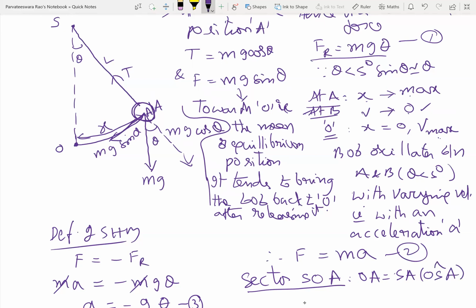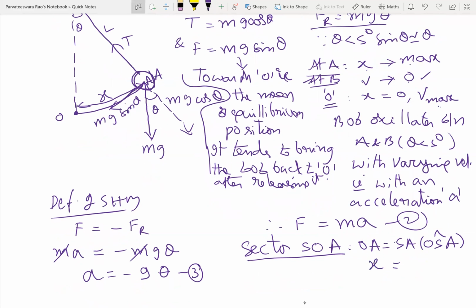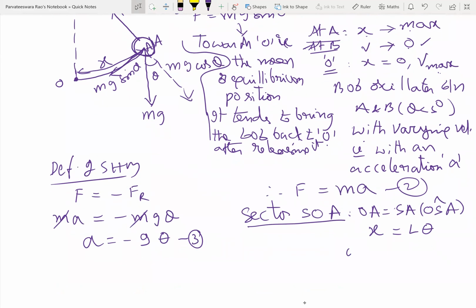So OA is nothing but x, equal to L into theta, or theta is equal to x by L. Call it 3B. So put this theta in 3A.